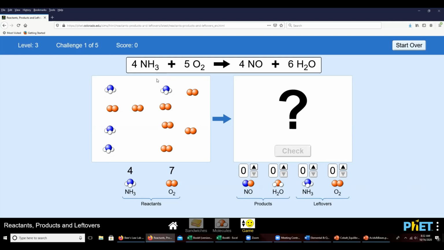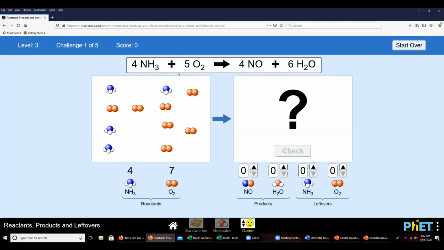In the report, you're going to be recording what is the balanced chemical equation, the number of reactants that are given. In this case, there are 4 moles of ammonia, NH3, and 7 moles of molecular oxygen, O2.